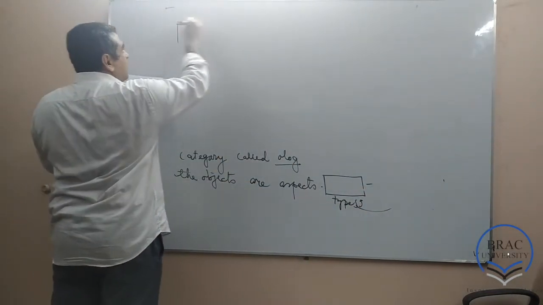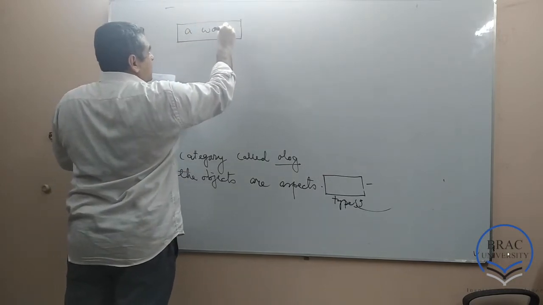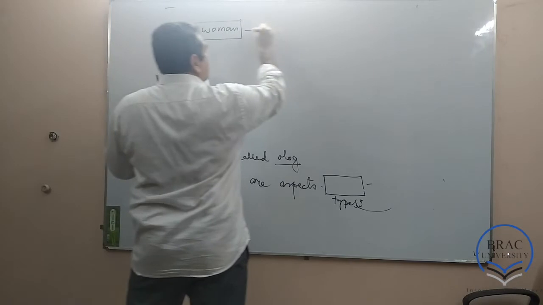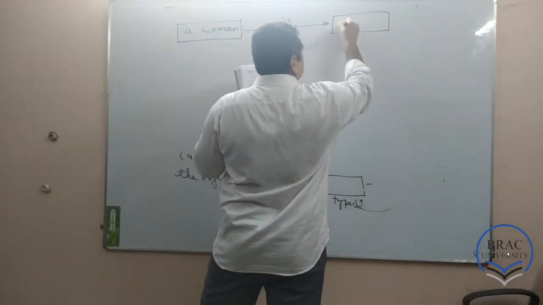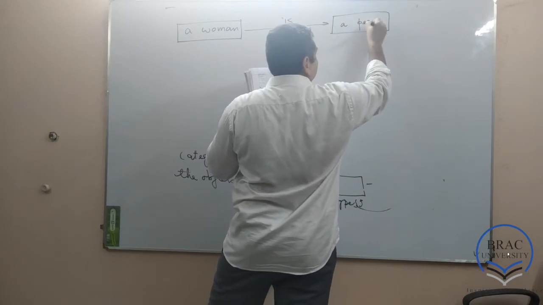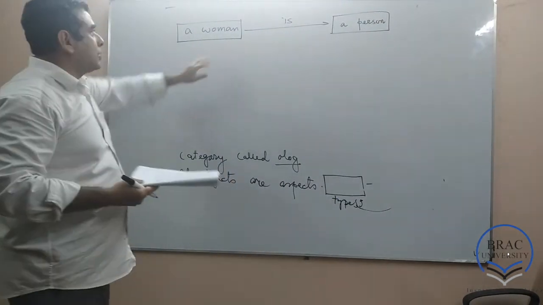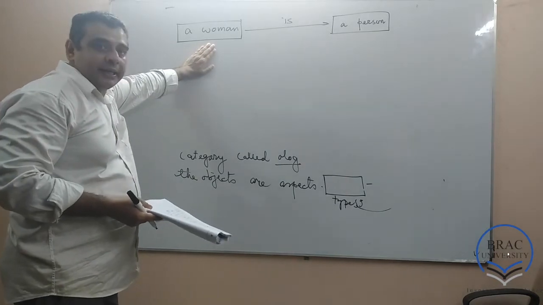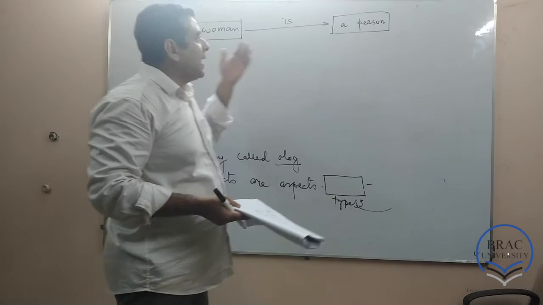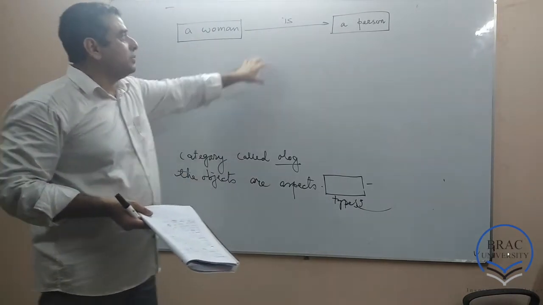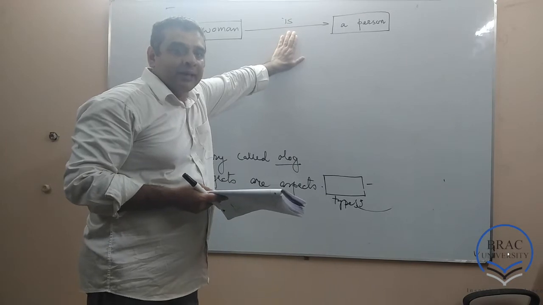Okay? So I give you an example. Suppose a woman is a person. So we are given this Olog where a woman is a type, a person is another type, and they are talking to each other by means of this aspect "is".